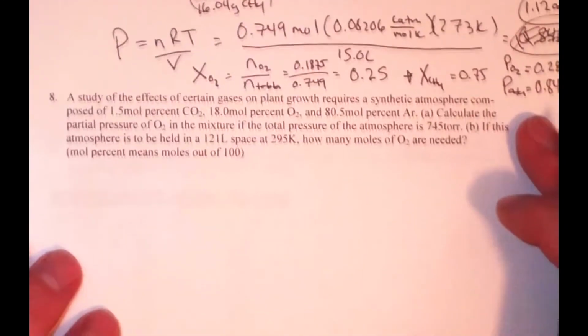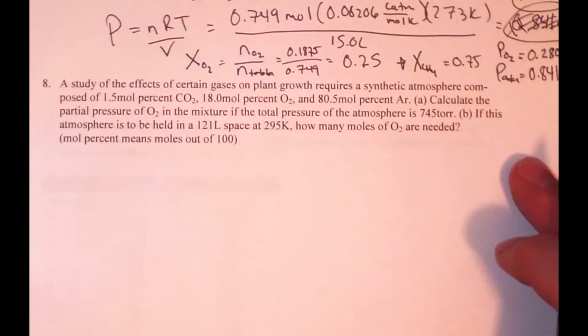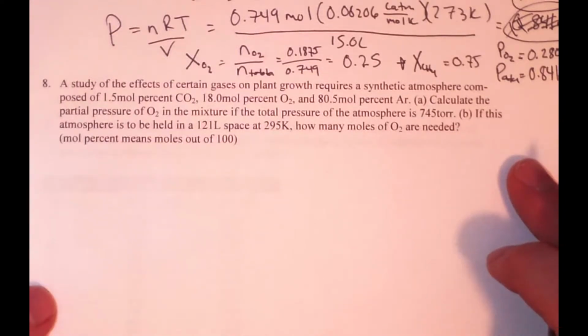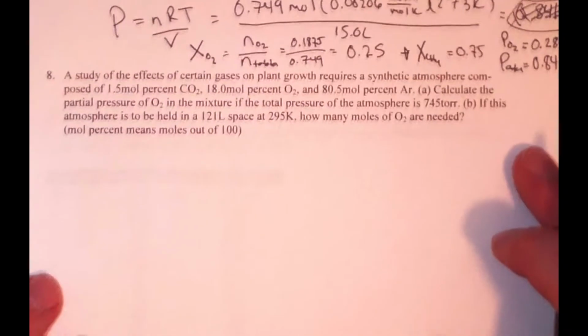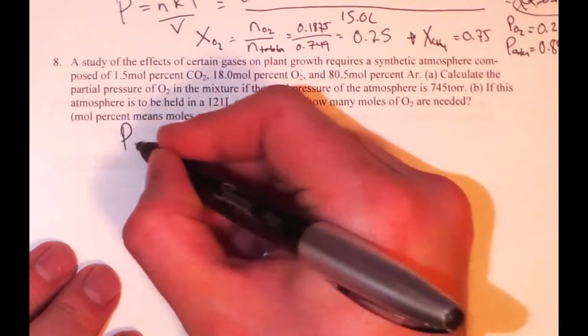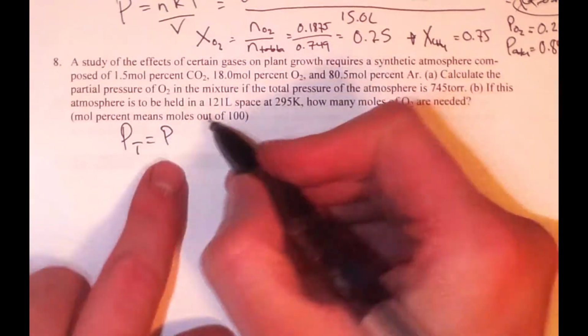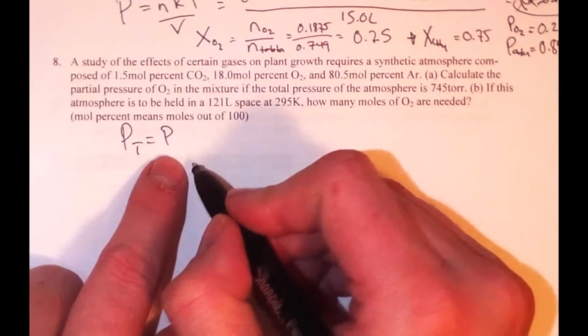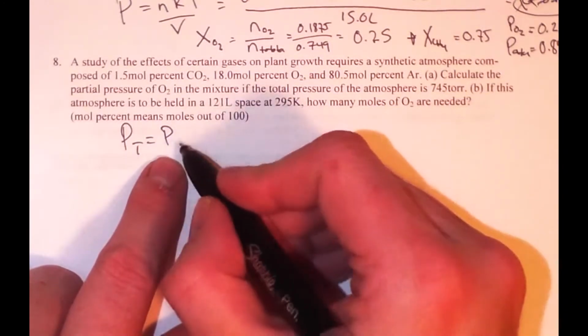Question 8. Study of the effects of certain gases on plant growth requires a synthetic atmosphere composed of 1.5 mole percent of CO2, 18 mole percent of O2, and 80.5 mole percent of argon. Calculate the partial pressure of O2 in the mixture of the total. So remember that Dalton's law of partial pressures says that the total pressure is equal to the sum of the pressure of the components.